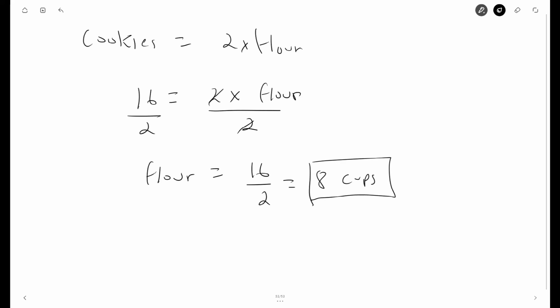Okay, let's go to example number 2. It's going to be currency conversion.